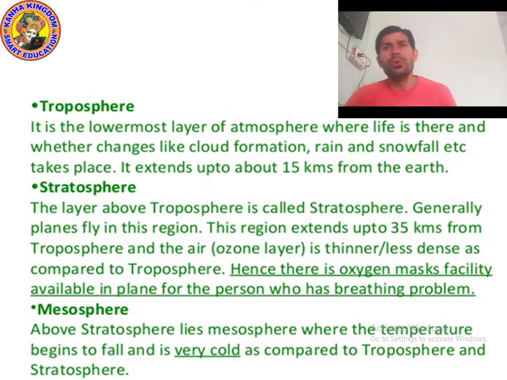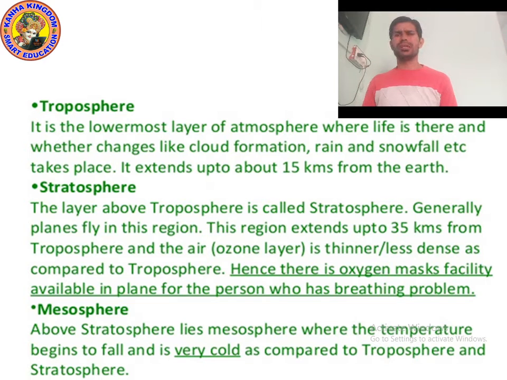It is 15 kilometers from the earth. So it is the lowermost layer of the atmosphere where life is present, and weather changes like cloud formation also occur, rain falls, snowfall, all these happen in this layer.